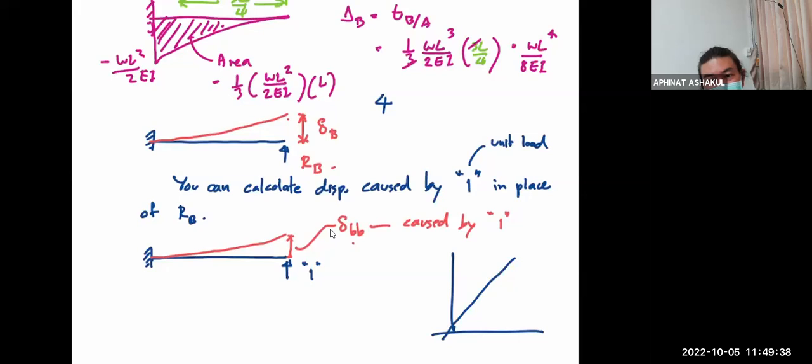In your stress-strain relationship, you are in this very elementary region of the behavior of the material. Meaning, if your load here is equal to 1, and it gives you delta BB, and you increase your load to RB, everything is proportionate. So here is going to be equal to delta BB multiplied by RB, right? Because it's linear.